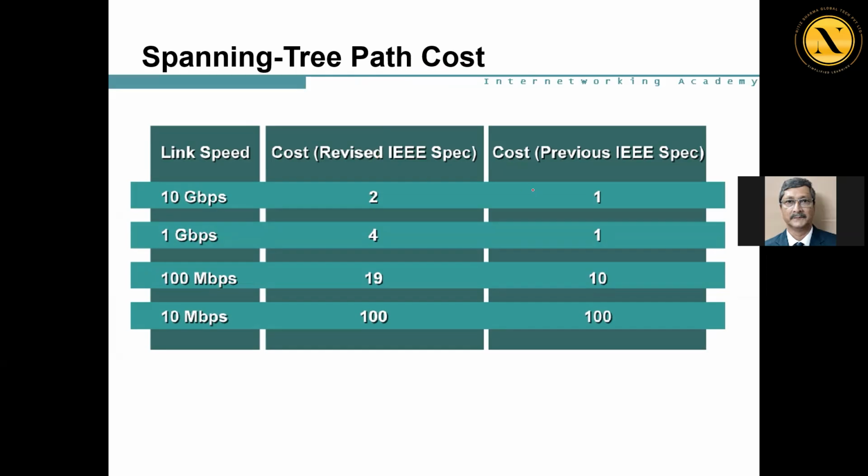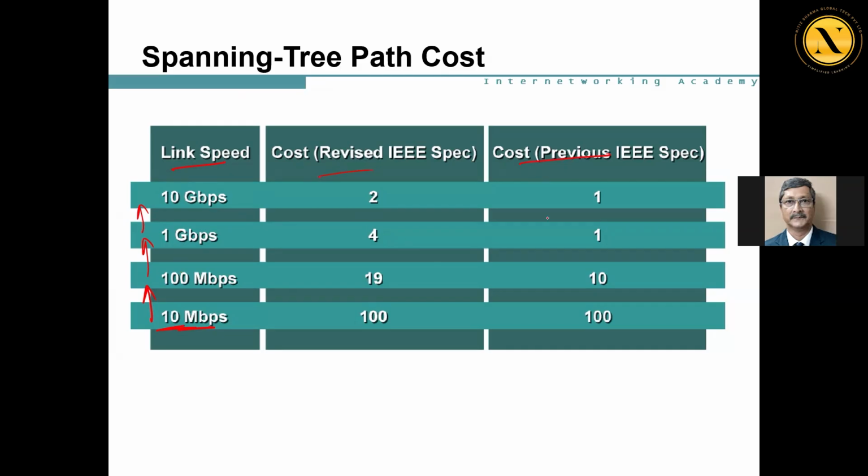Now this is the inbuilt table that the switch uses to decide which port to block, which port to treat as root port or designated port, and so on. Look here: 10 Mbps, link speed is going up, 100 Mbps, 1 gig, 10 gig. This is the old standard, this is the new standard.